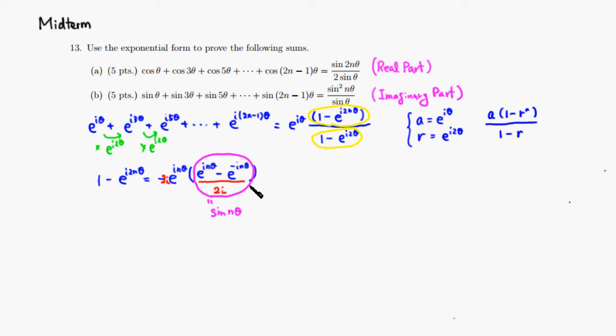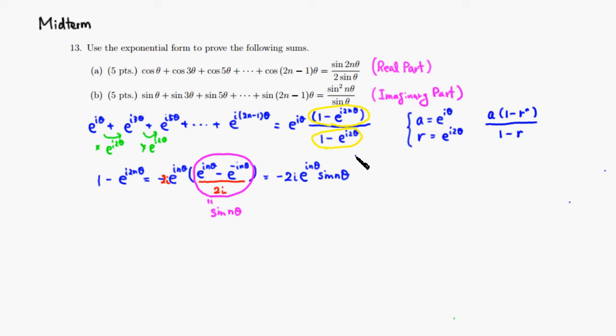So what you get is negative 2i e to the i n theta, and then this part is just sine of n theta.